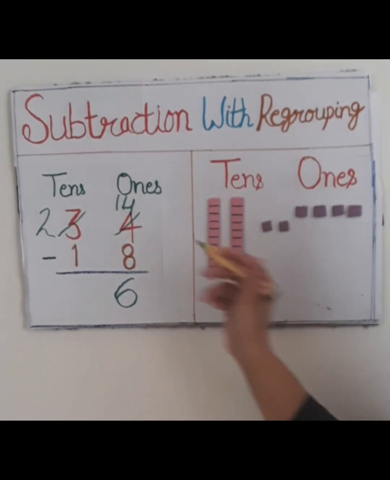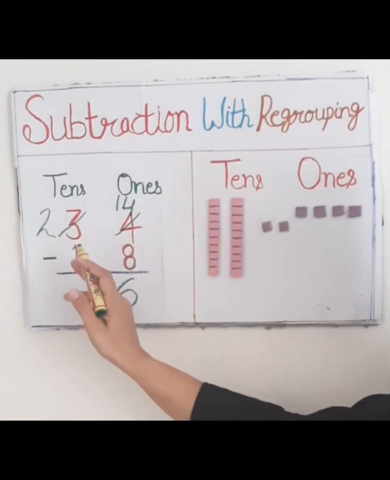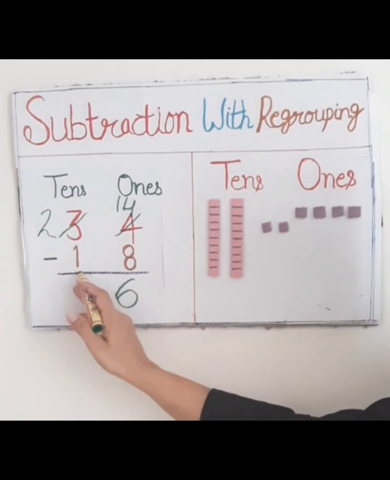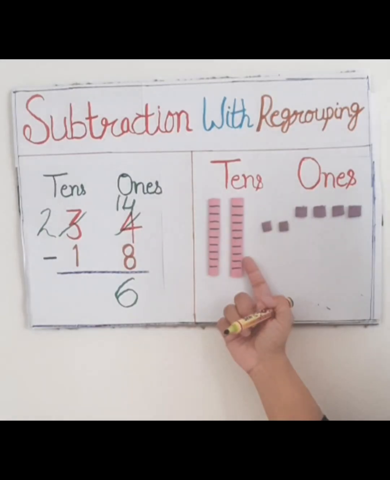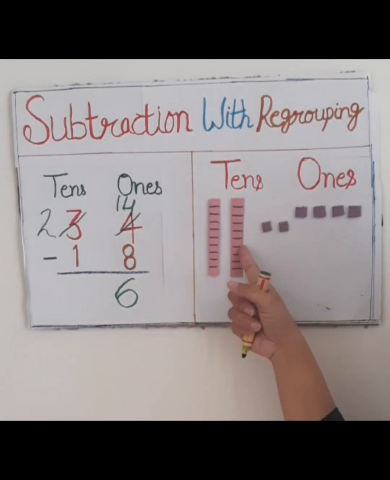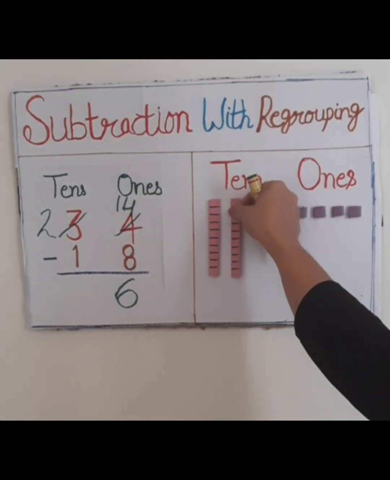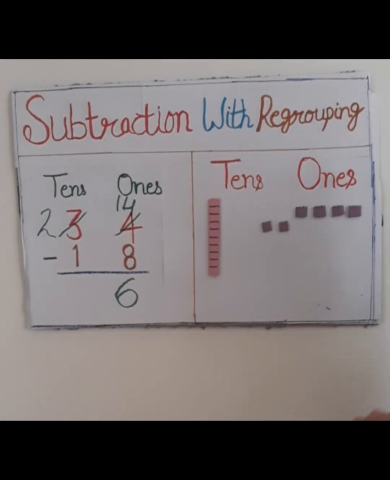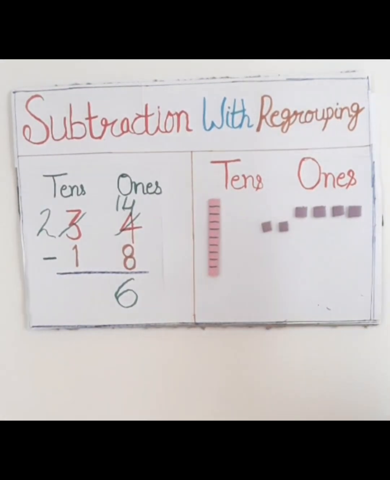So here you can see two tens and we have one ten. So we need to subtract one ten from two tens. What will I do? I have two tens. I will remove one ten from here. Okay kids, I have removed one ten from there. How many tens are left? Only one ten left. So I will write down here 1.